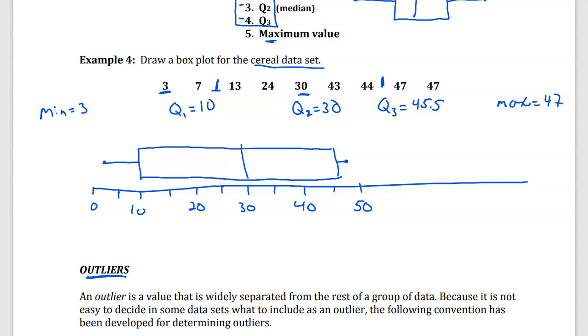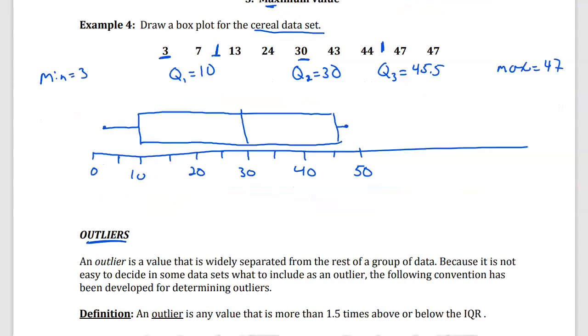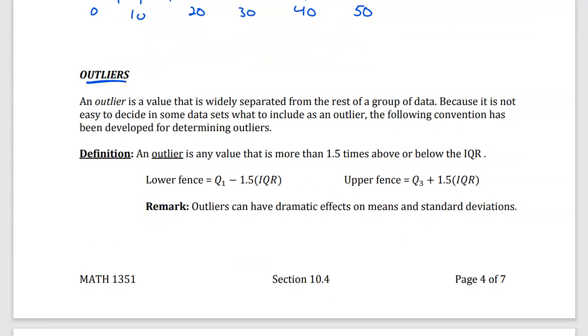But is it statistically lower than the rest of our data? We have to look at it based on the quartiles. And an outlier is any value that is more than 1.5 times above or below the IQR.